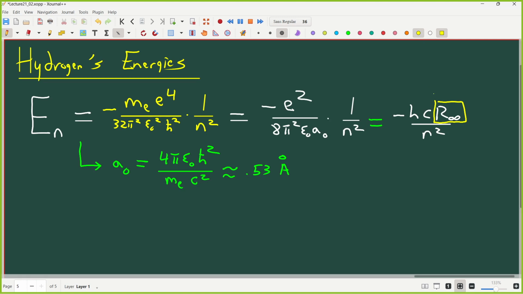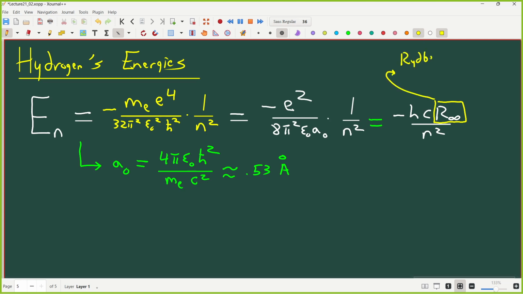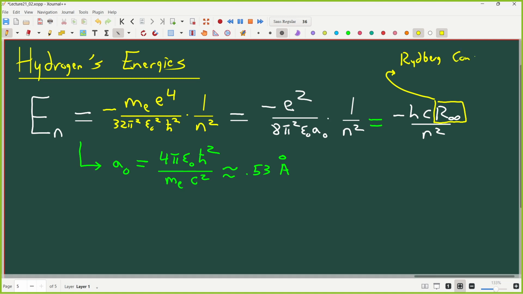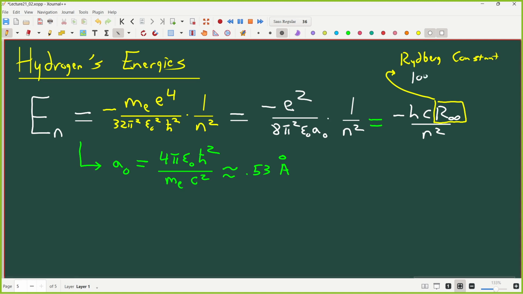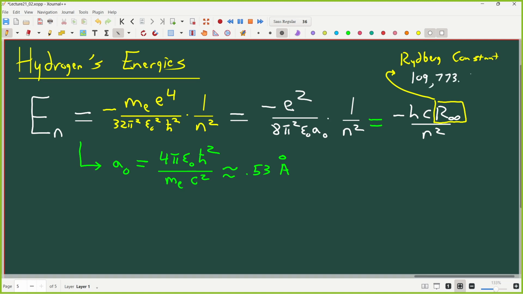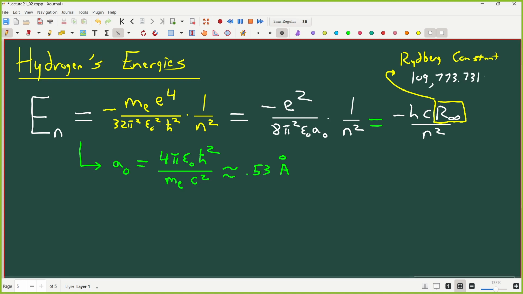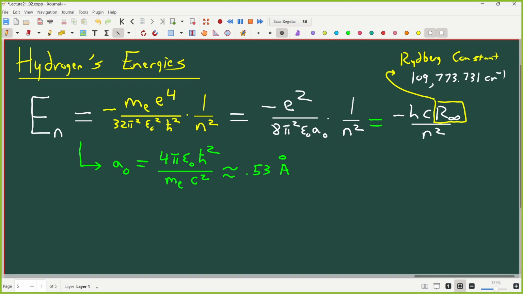And R infinity is called the Rydberg constant, and it has an exact value of 109,773.731 wave numbers. This number will tell us something about the energies in wave numbers.